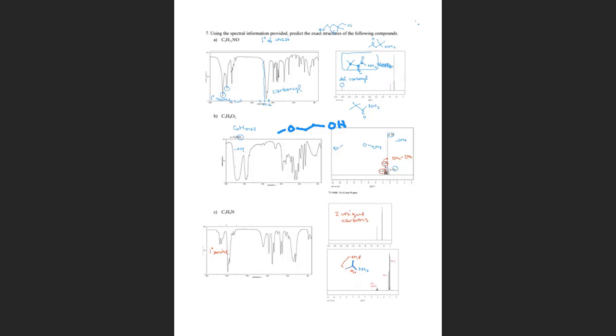Yeah, that looks very good. Good job, everyone. So we just kind of had to play around with it a little bit, but you have your 3 different carbons, and you have your carbonyl, and you have your primary amine.